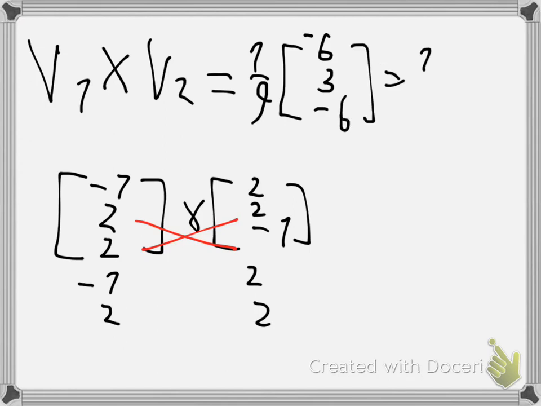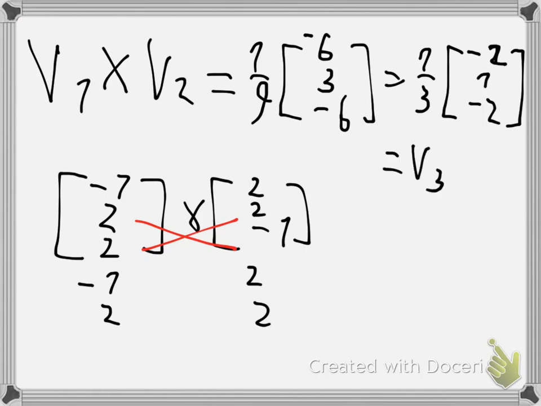So this simplifies to 1/3 times (negative 1, negative 2, 1, negative 2)... and it's already of length 1, if you can see it. And so this is our third vector.